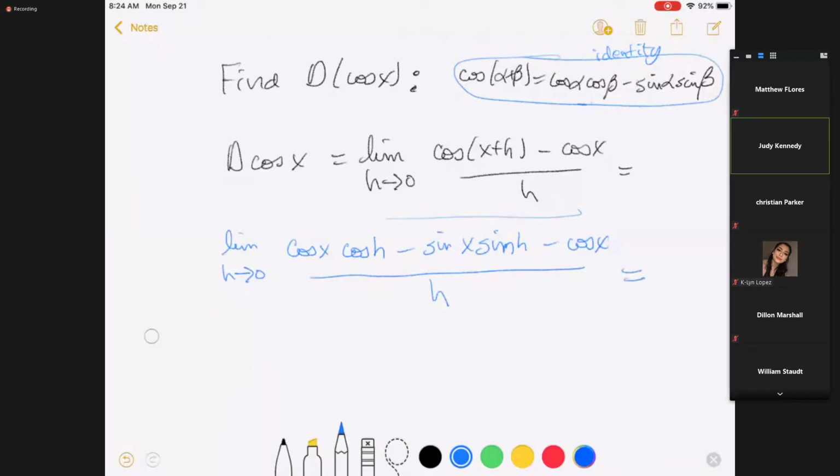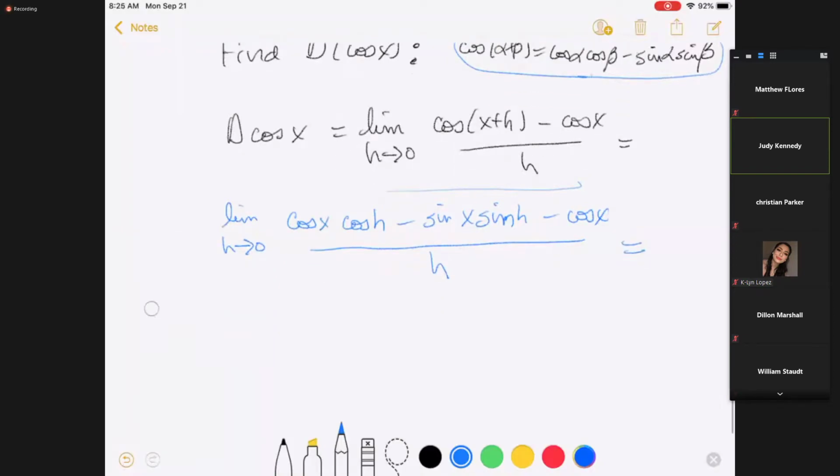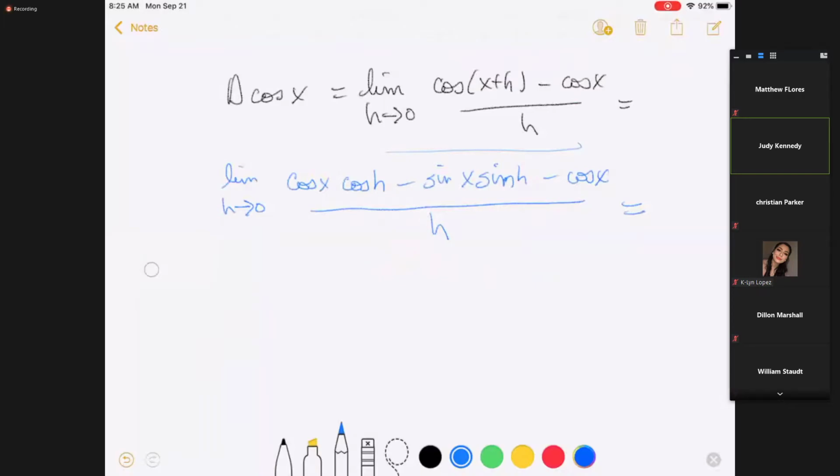And I'm going to break the fraction inside that limit into the sum of two fractions, just like before.